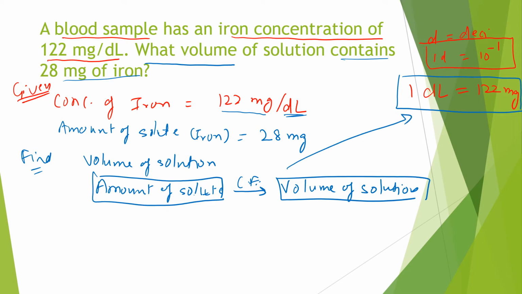So if we plug in the values, the amount of solute given to us is 28 milligrams multiplied by the conversion factor. The conversion factor is going to come from this relationship. So we know that 1 deciliter is 122 milligrams. Therefore milligram is going to be in the denominator, 122 milligram, and 1 deciliter up here.